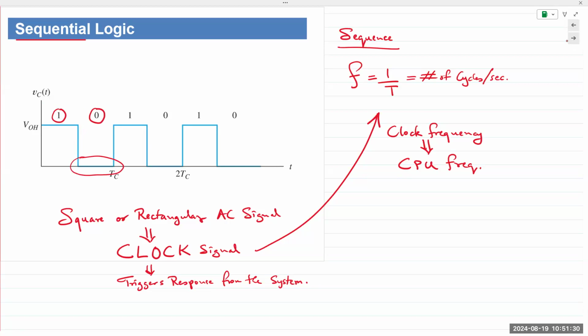So it alternates between high, low, high, low, high, low. And depending on what our circuit is, the function would change. So sequential logic is important because it allows us to control how and when the circuit will operate. Okay.